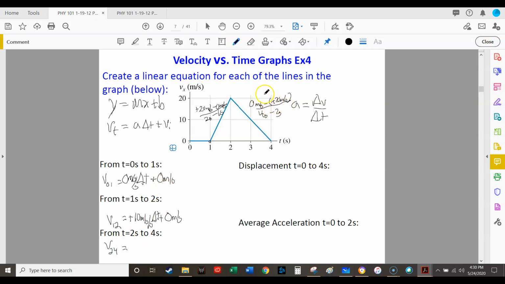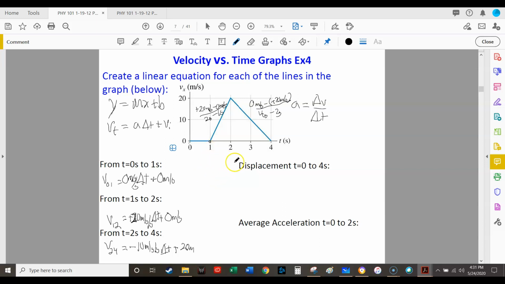So this is going to work out to be negative 20 divided by 2. Hold on a second, I just realized this should be 1 second. So this should work out to be positive 20 meters per second, and this is going to work out to be negative 10 meters per second, delta t, and it started out at 20 meters. Okay, fix my error, and also fix this. Okay, cool. Those seem accurate to me.